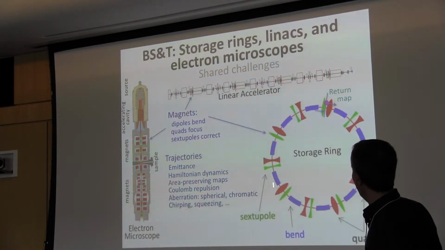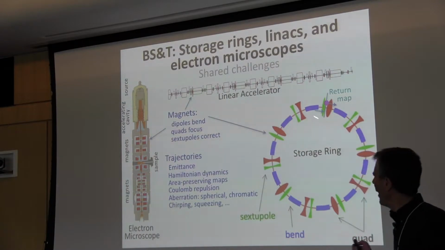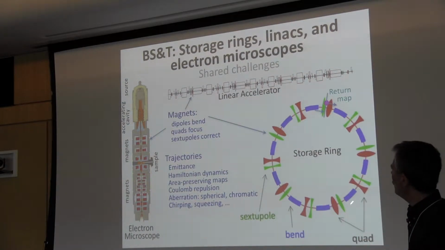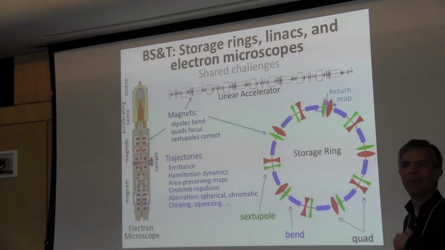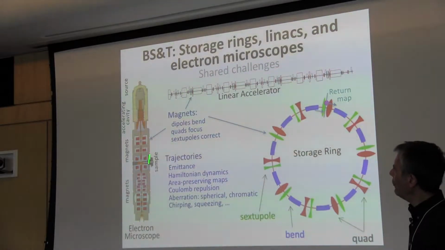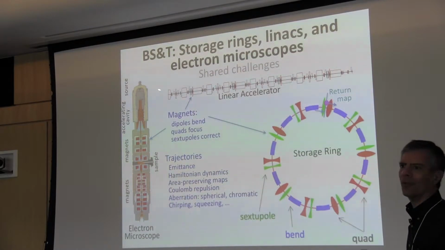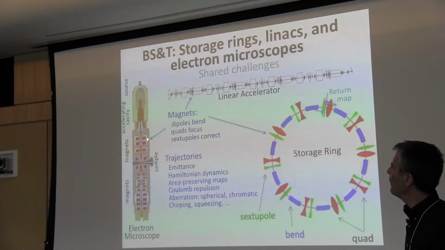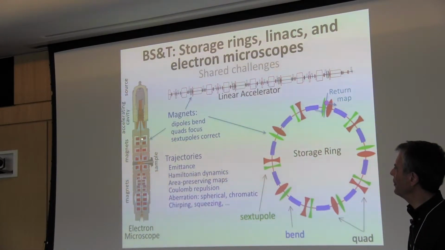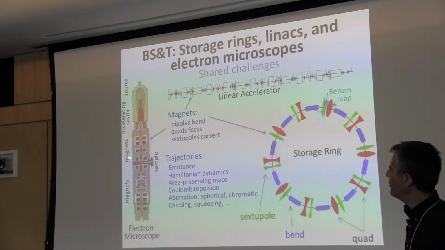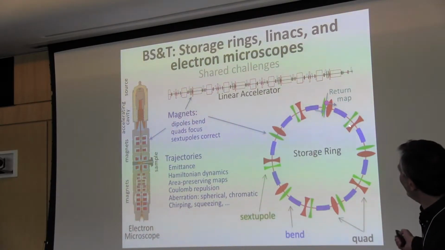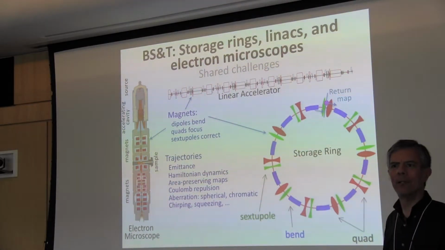Some of them sextupole, some of them quads, some of them dipole magnets, and you tune these magnets to make the beam nice. In an electron microscope, you have sometimes a photo emission source, sometimes other kinds of emission source. You've got an accelerating cavity that brings your electrons to a high energy. And then you have all these magnetic lenses, which are the same kinds of magnetic lenses you see here.